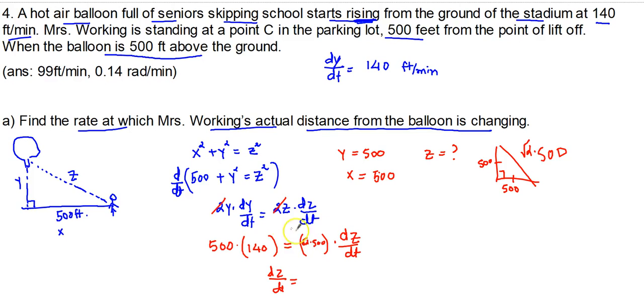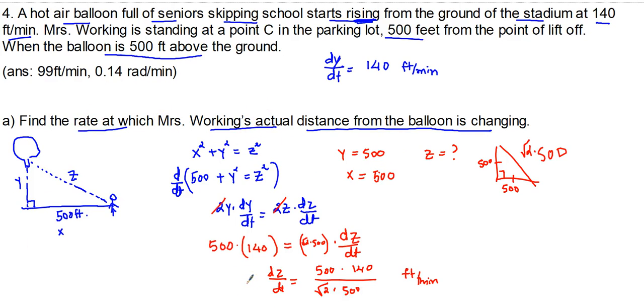So 500 in the numerator, 140 in the numerator, square root 2 times 500, and that will be feet per minute. Sounds like an easy question, this one. So finding how the actual distance from the balloon is changing, this is not the distance but the rate of change of z.